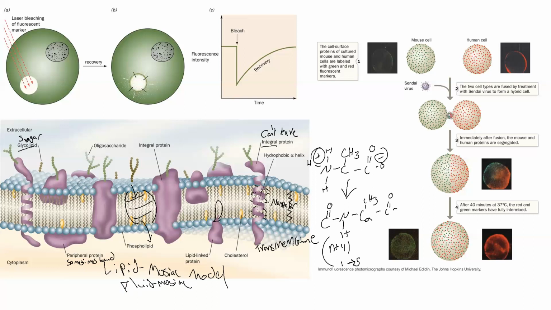Now let's look at some experiments that were used to determine the fluid mosaic model of the lipid bilayer membrane. This first experiment is called FRAP, which is fluorescence recovery after photobleaching.